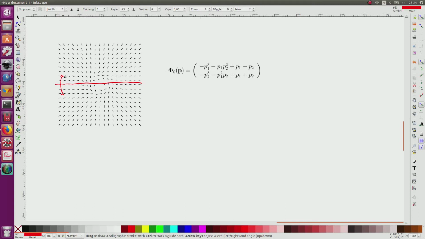It is a linear transformation which corresponds to 1, 0, 0, minus 1. If I want to change the radius, I will have to make some kind of zoom or homothety, and the transformation may be rho, 0, 0, rho, and so on.